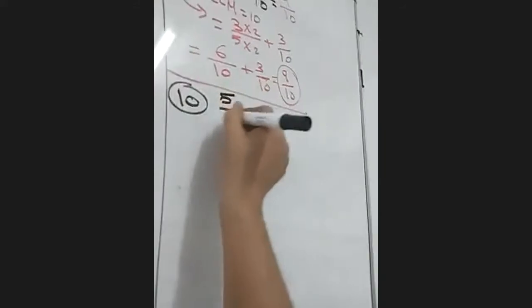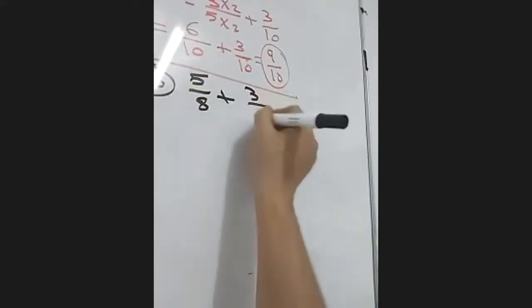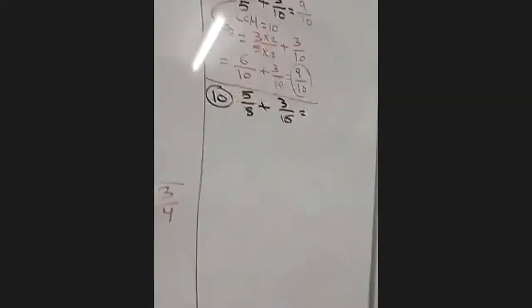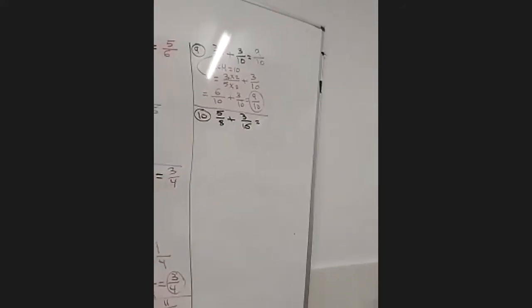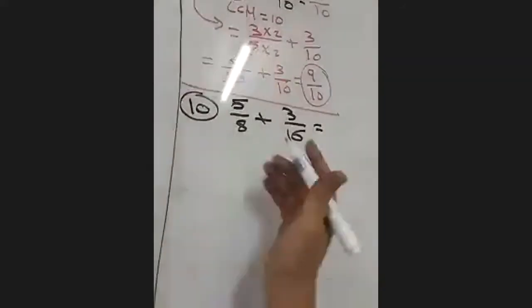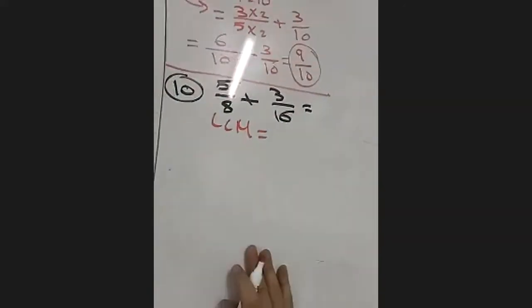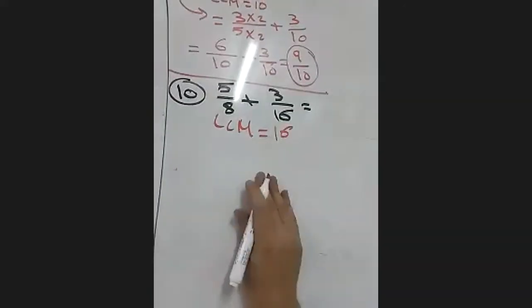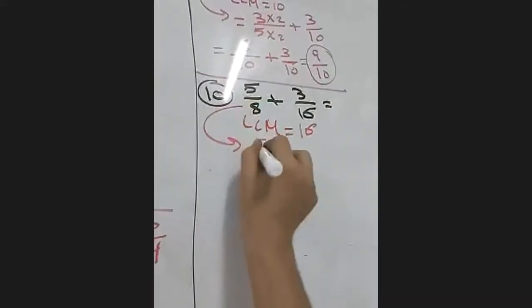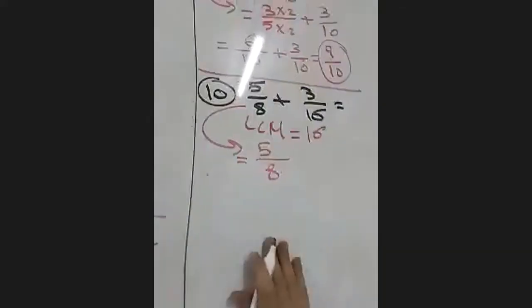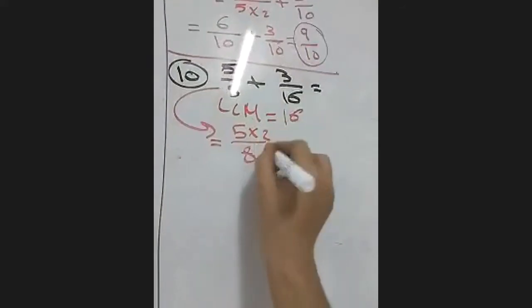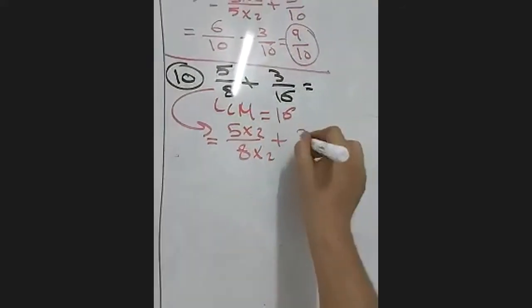5 over 8 plus 3 over 16. What will I do? We will do least common multiple. For 8 and 16, what is the least common multiple? Not factor, multiple. It is 16. Now what will we do for the 5 over 8? Multiply by 2. And how about the 3 over 16?